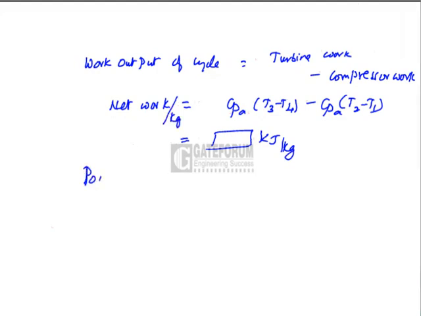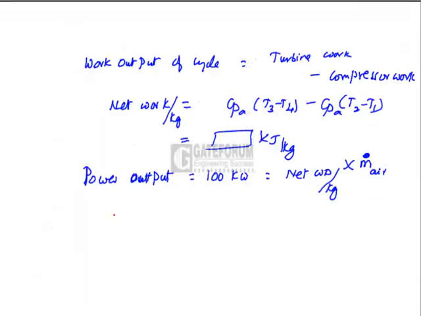Power output of this cycle is given as 100 kilowatts, that is equal to net work done per kg into the mass flow rate of air required, m dot. Therefore, mass flow rate of air required, m dot, is equal to power divided by net work done per kg, which is earlier calculated.